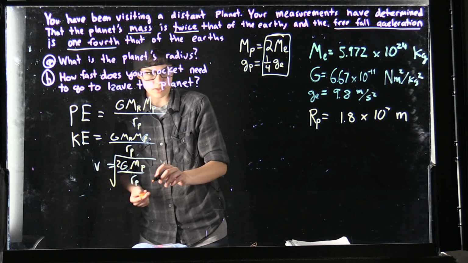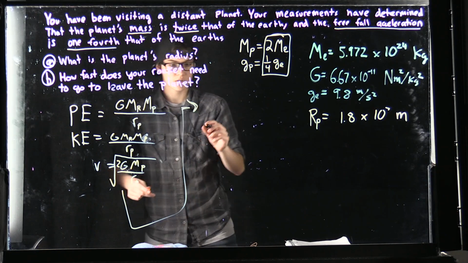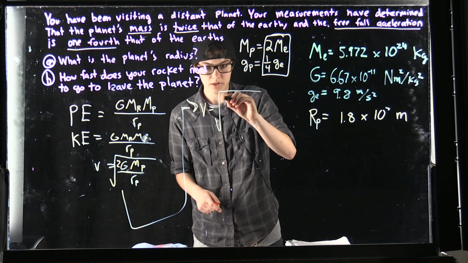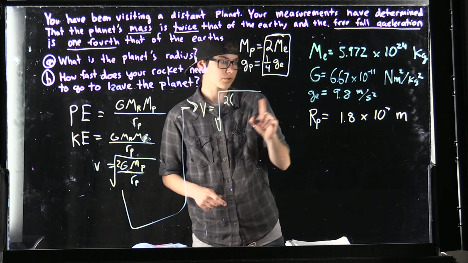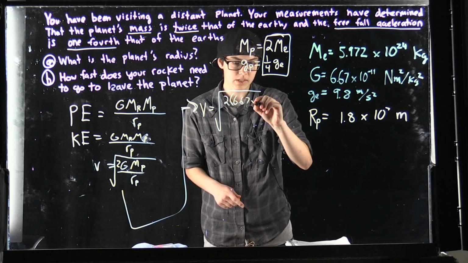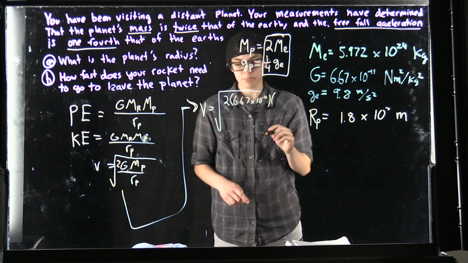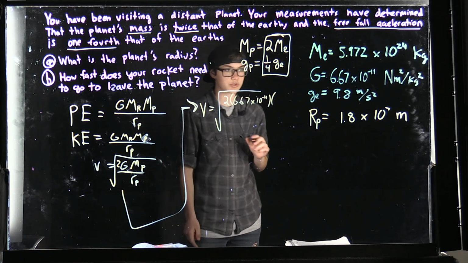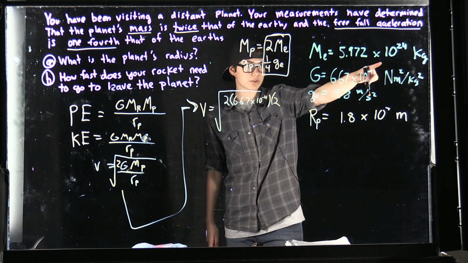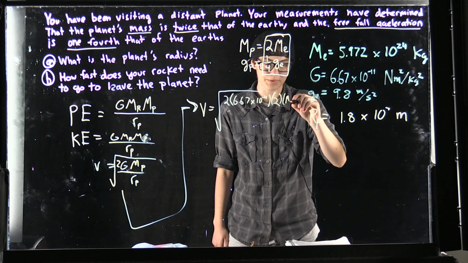So if we come up here, we can say that the velocity we need to leave the planet is equal to the square root of 2 times our gravitational constant, which is 6.67 times 10 to the negative 11th, multiplied by the mass of our planet, which remember is 2 times the mass of the Earth. I'm just going to put M_E here because I'm running out of room.